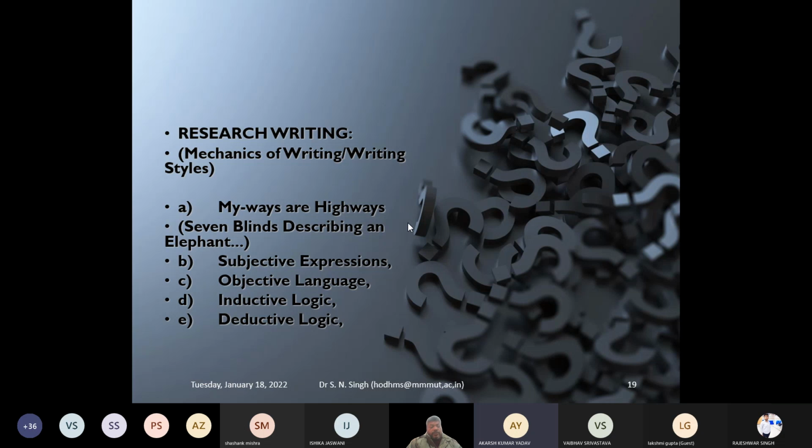You got the point? So you realize that deductive is what? From general to particular, from whole to the part. This discussion went into deductive logic.